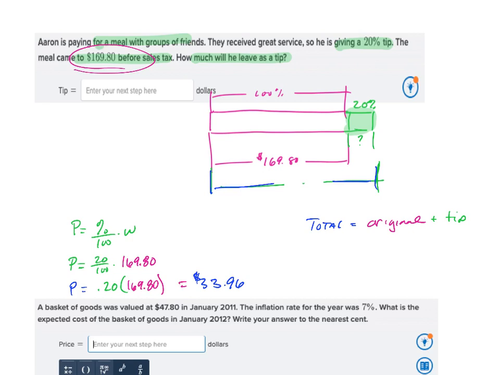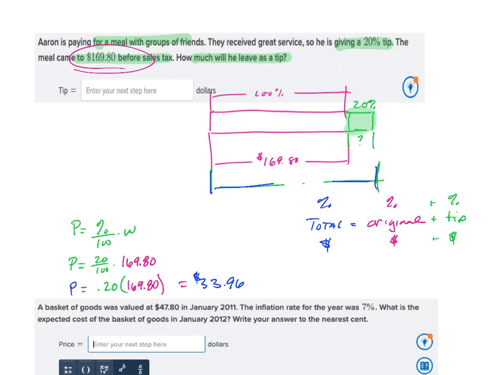And like I told you before, you can either do this in percent or in dollars. So you could say that the total percent is the percent of the original, or the dollars in the original, plus the tip in percent, or plus the dollars.